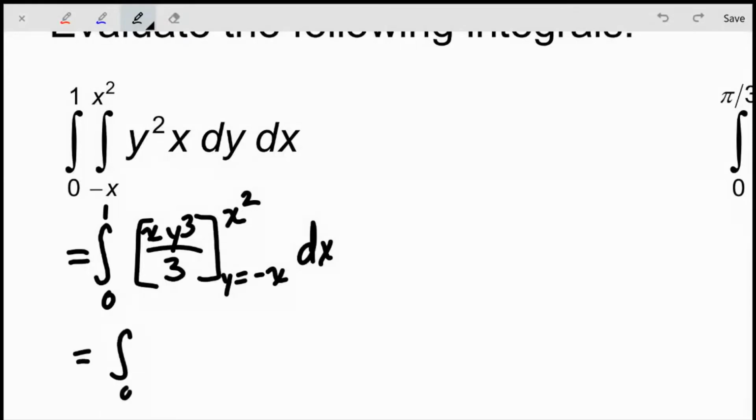I've got my integral from 0 to 1, and when I plug in, I'm going to get x to the 7th power over 3 plus x to the 5th.